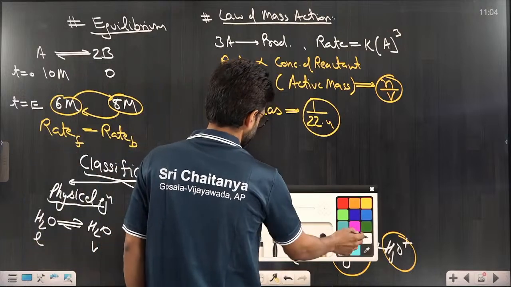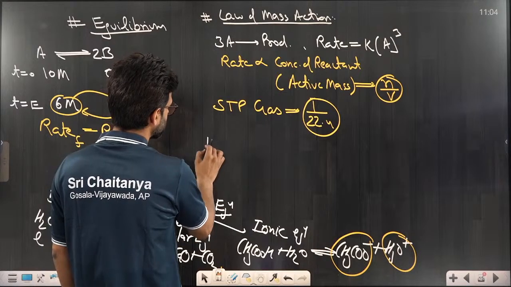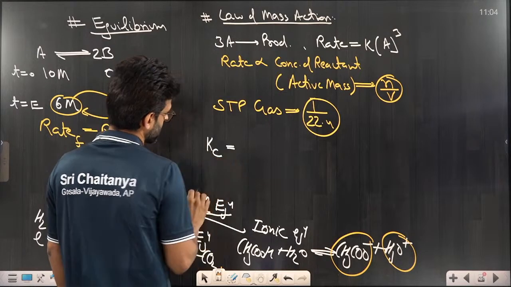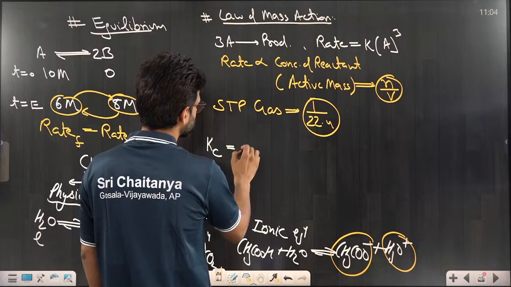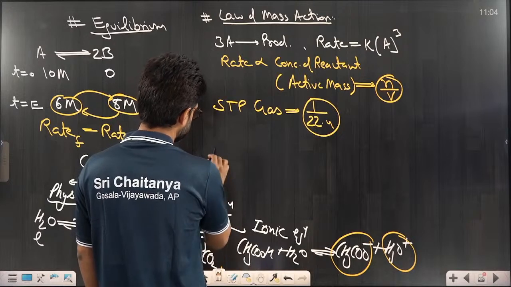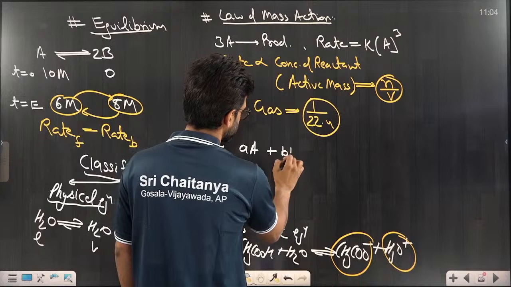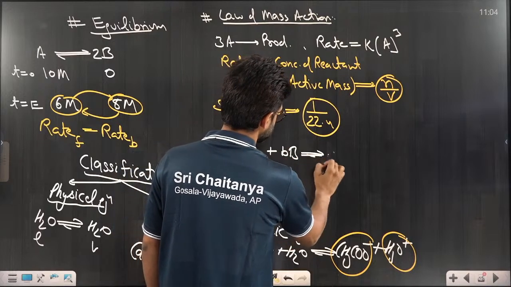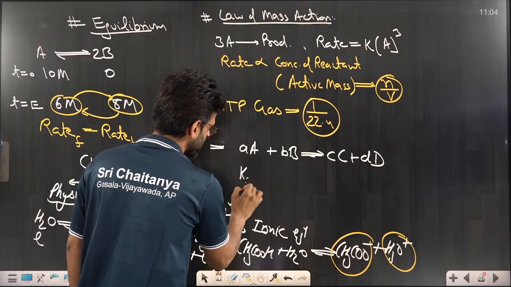The next thing is, you know very well, by the law of chemical equilibrium, what is Kc? Imagine a reaction where A and B give C and D. What is the Kc value here?